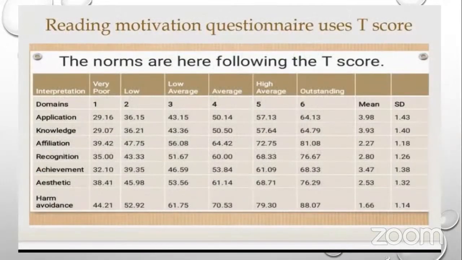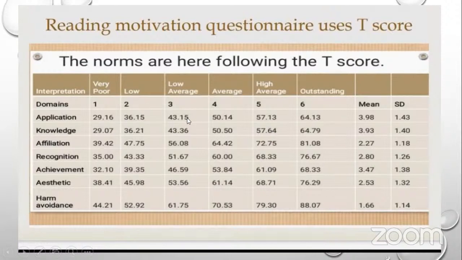This is the reading motivation questionnaire norm. Here we can see the norms follow the T-score. You can see the mean, SD, and how this is classified. With respect to the domains, for application, you can see the score, and that comes under very poor. 36 is classified as low.